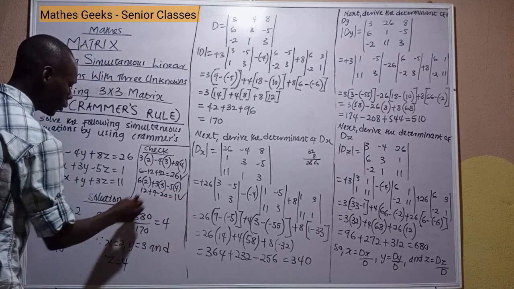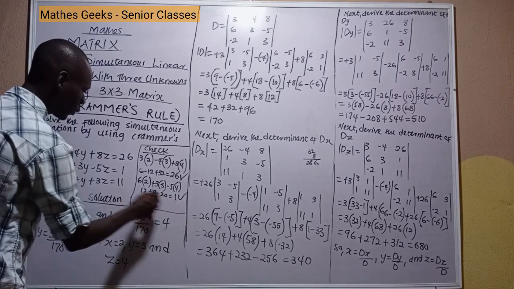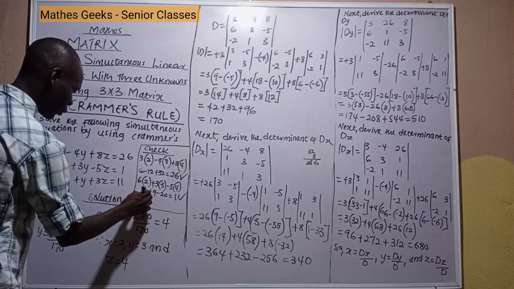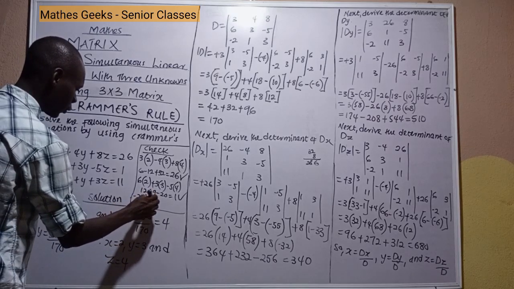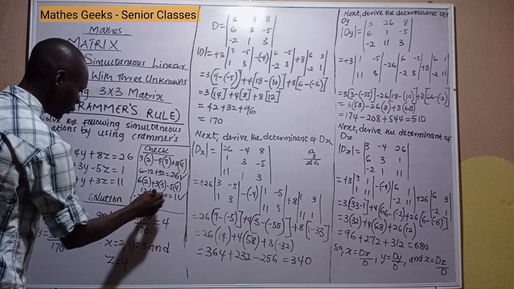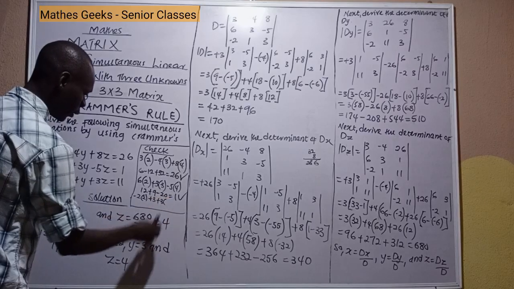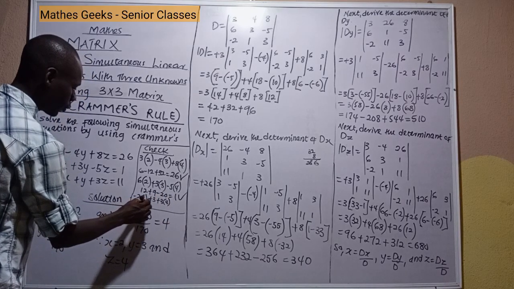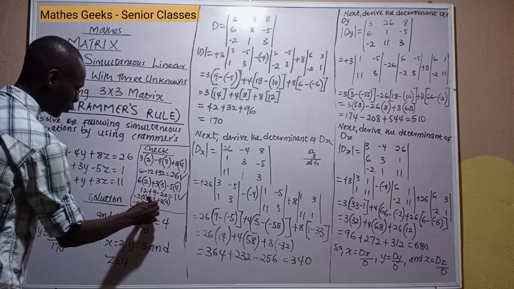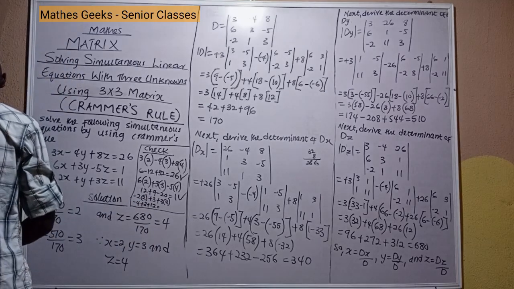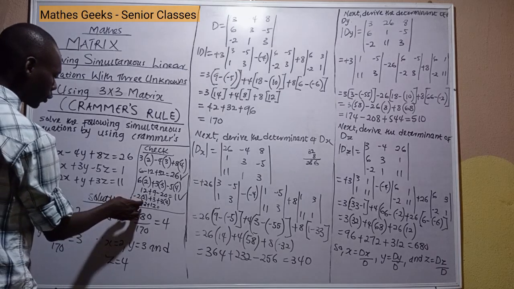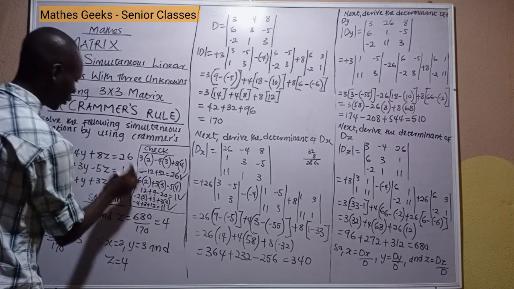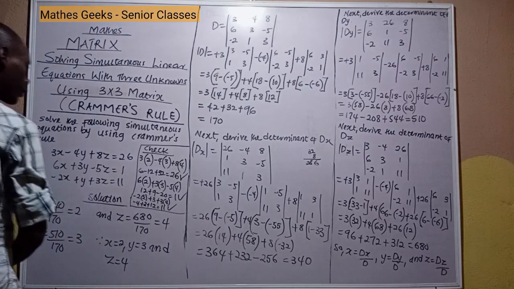Also correct. Then next one, minus 2x, x is 2, plus y, which is 3, plus 3z, which is 4. Minus 2 times 2 is minus 4, plus 3, plus 12. So minus 4 plus 3 equals minus 1. Minus 1 plus 12 is 11. Correct. So our answers are correct.